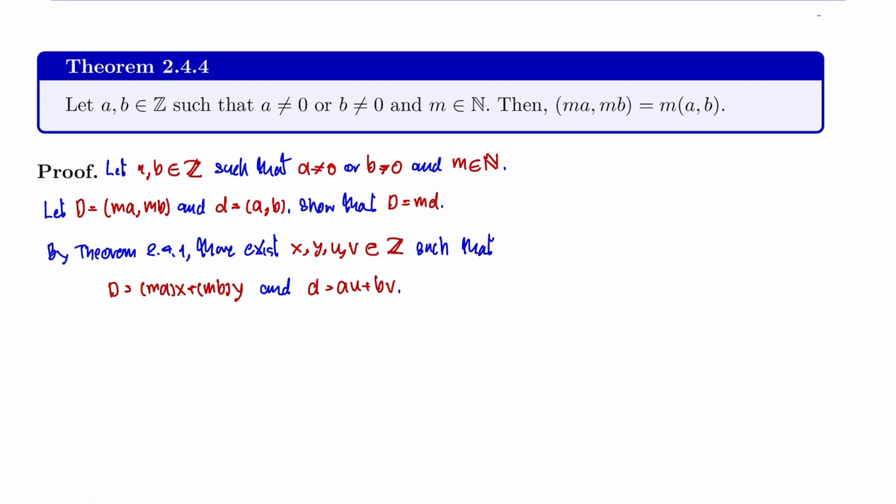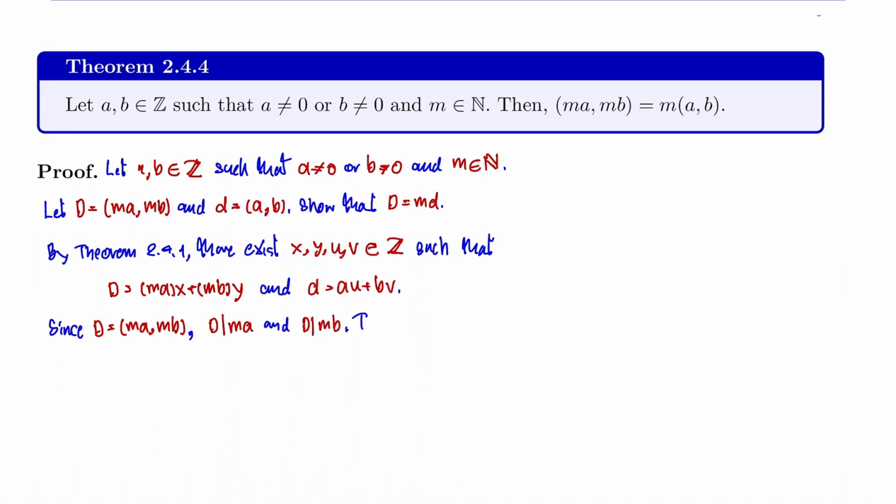All right, and then we have to start with this term right here, the greatest common divisor of ma and mb. So we start with D equal to gcd of ma and mb. All right, so what do we have? We have D divides ma and D divides mb.